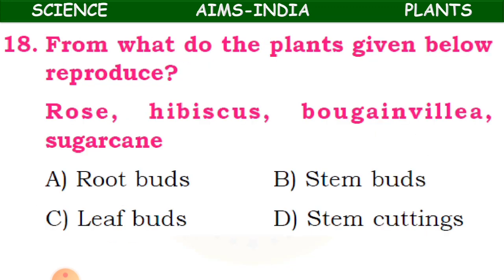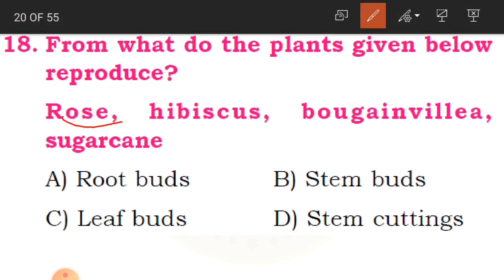Now we'll move on to the 18th question. From what do the plants given below reproduce? Here you have some plants, children, like rose, hibiscus, bougainvillea, sugarcane. These are some flower plants, and this is sugarcane which we eat. These plants reproduce by what?